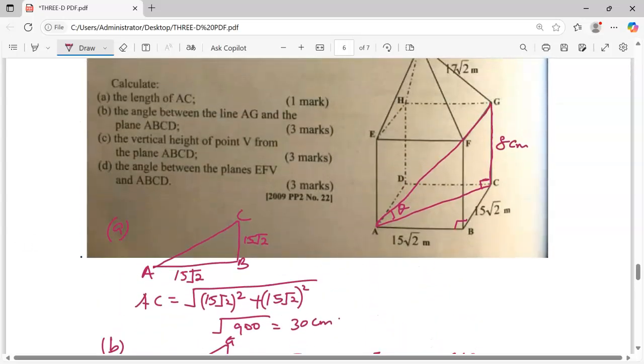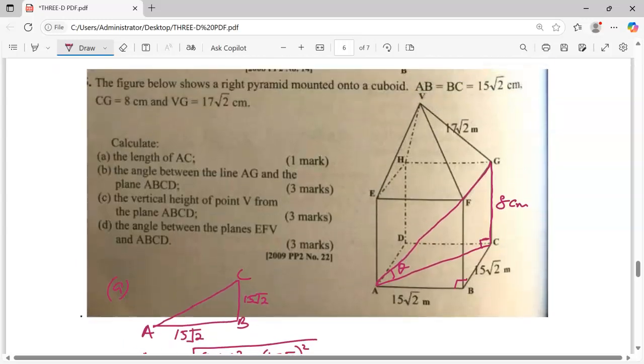Once we have gotten part B of the question, we immediately go to C. In C, we are told to find the vertical height of point V from the plane ABCD.